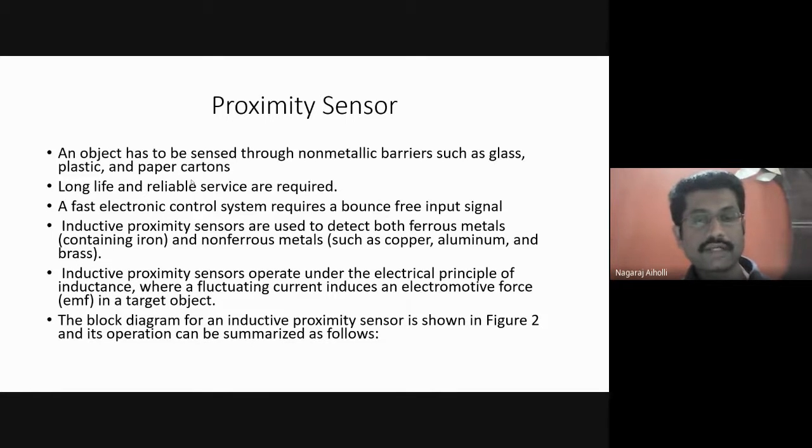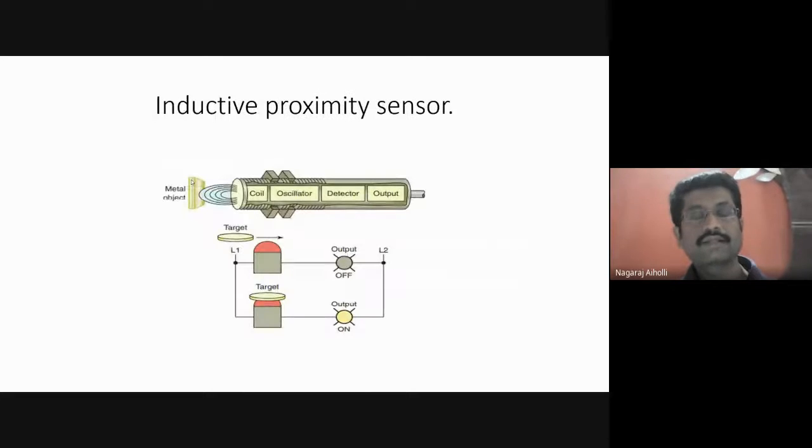Next is the block diagram which shows the inductive proximity sensor. This is the figure which explains the function of the inductive proximity sensor. Here there is a coil, that is the inductance. Coil is nothing but the inductance.